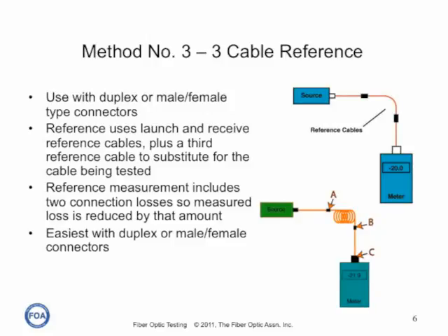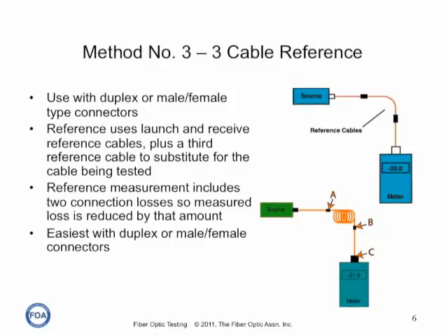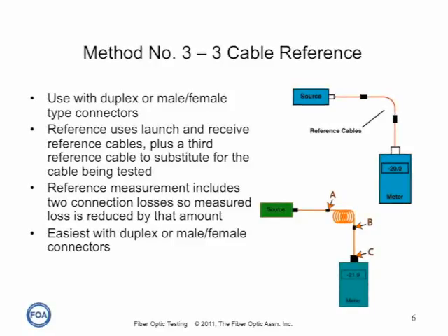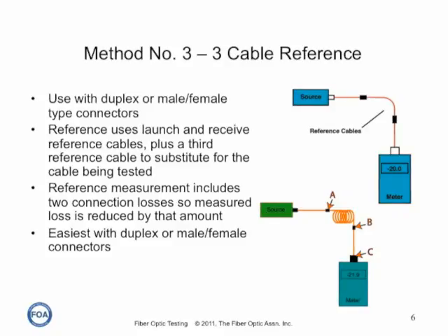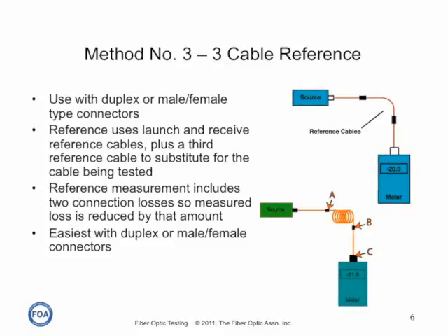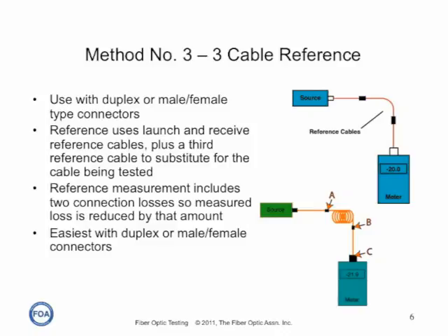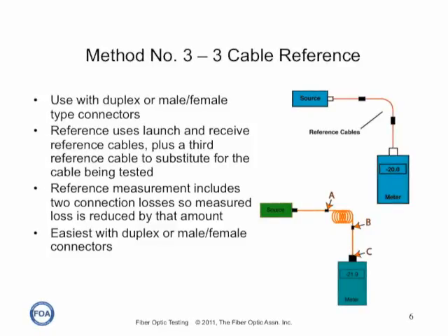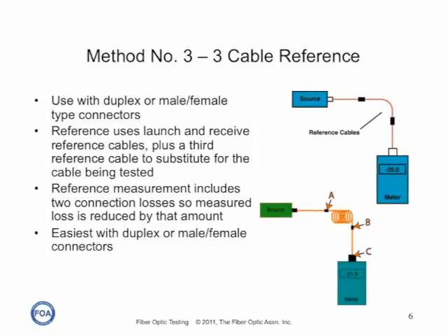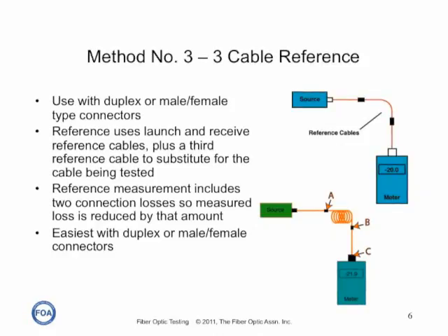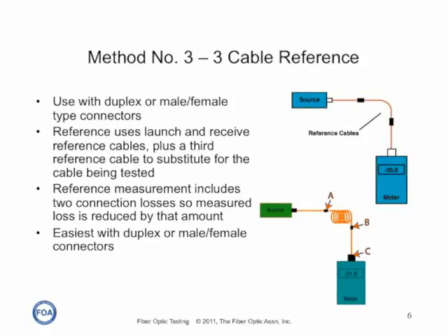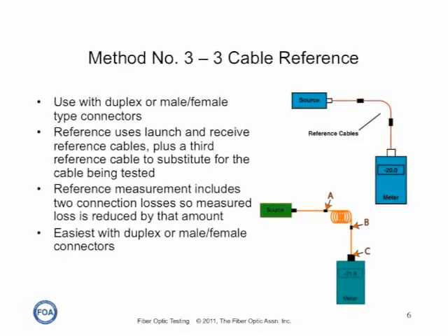And that third cable should be a low-loss cable. So we merely make the reference, take it out, and then attach our cable plant. But the problem is, this time we have 2 connections when we make our reference, and the cable plant loss will be reduced by the amount of loss in those 2 connections.